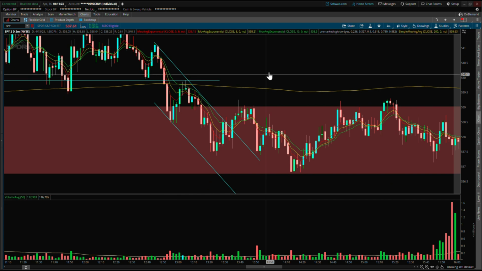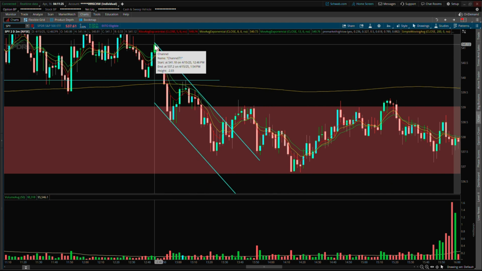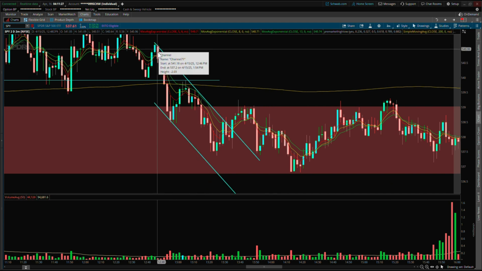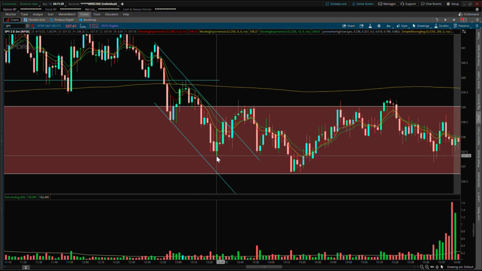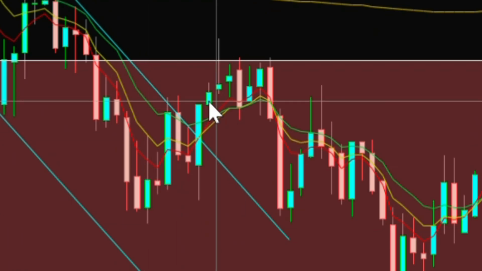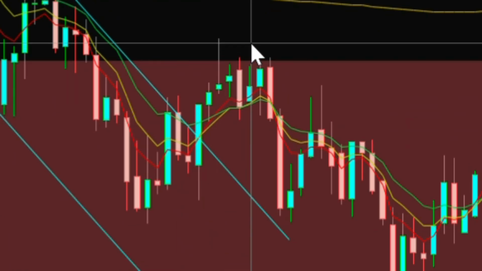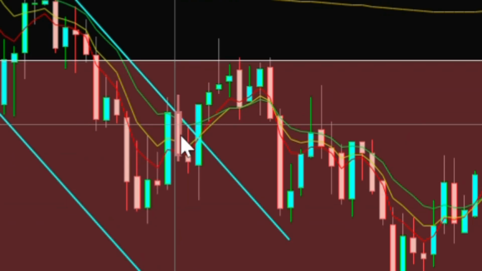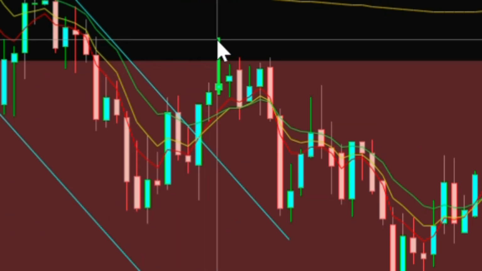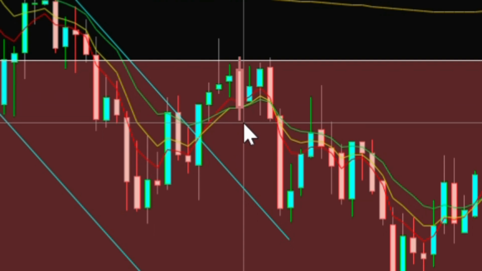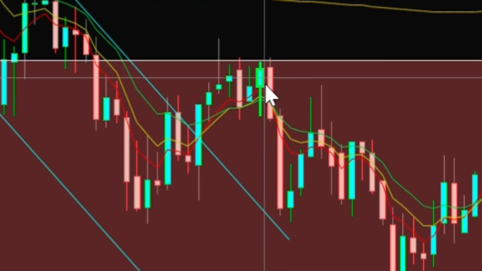Now, in regards to our two-legged pullback, as you can see, the confirmation, we have a lower high, a lower low. Our channel breaks. We retest a level, so we have a higher low, higher high. First entry short, pushed up, second entry short.